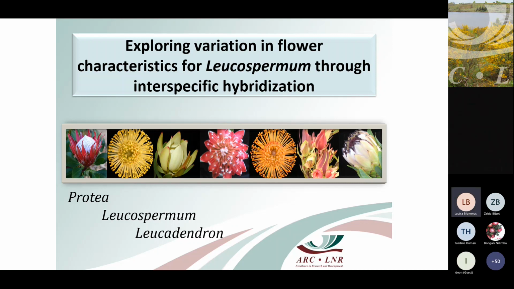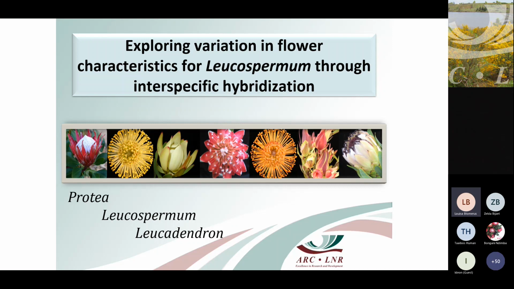Leucospermum fall into the family Protea or Proteaceae. So Leucospermum's family is the Protea, which you all know is our national flower. And then the Leucospermum, also known as a pin cushion, and then Leucadendron, the cone bush.